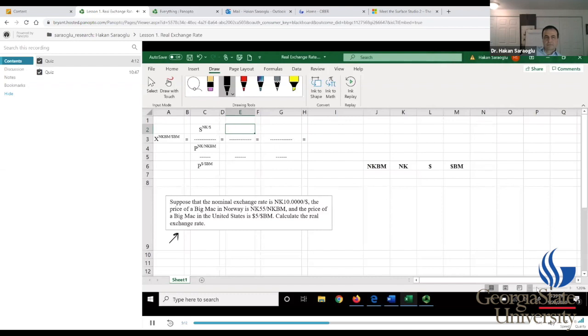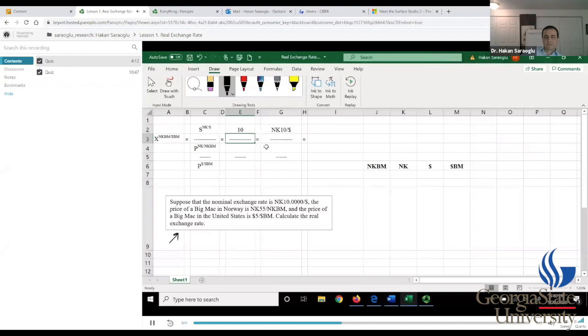So notice what I'm going to do right now. I'm going to plug in these numbers. Let's begin with 10. Enter. So notice what happened. I built this model in a way that it enforces us to think that we have to put the units to numbers when we talk about exchange rate. So notice how diligently it puts 10 is actually 10 Norwegian krone per $1.